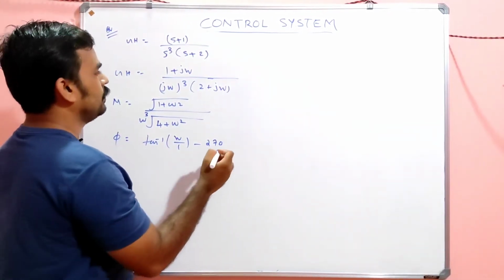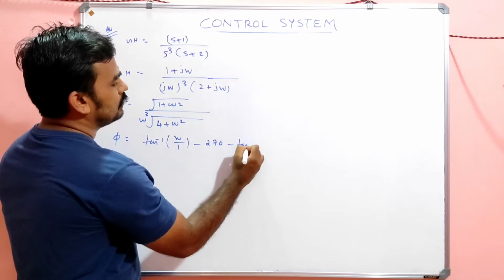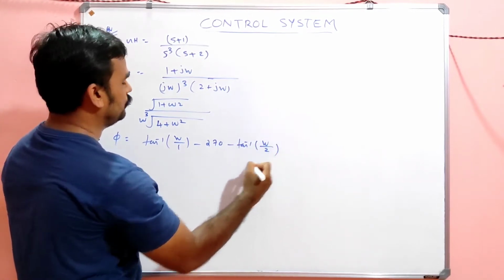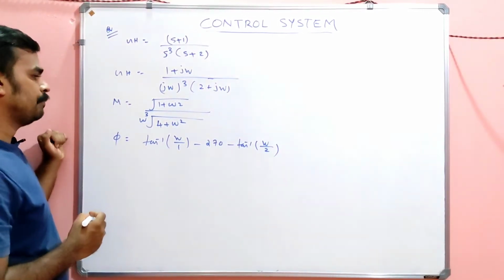You all know this, right? Then minus tan inverse omega by 2. So this is the phase angle, my dears.